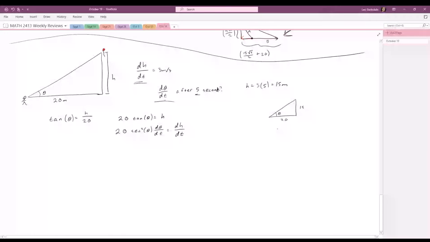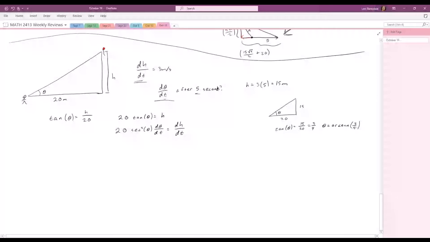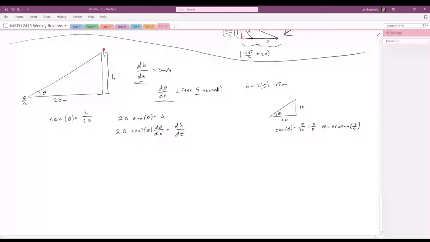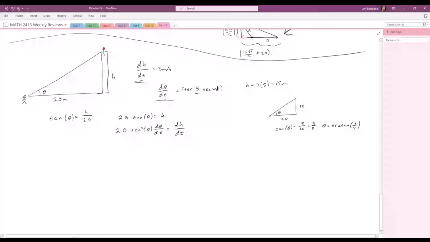So if I know that tangent of theta is equal to 15 over 20, well then theta is equal to the arctangent of 3 over 4. So yes, you do actually need trig.